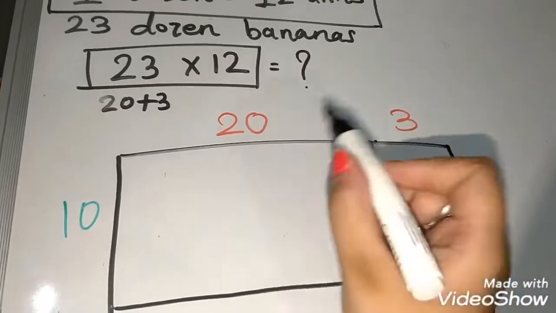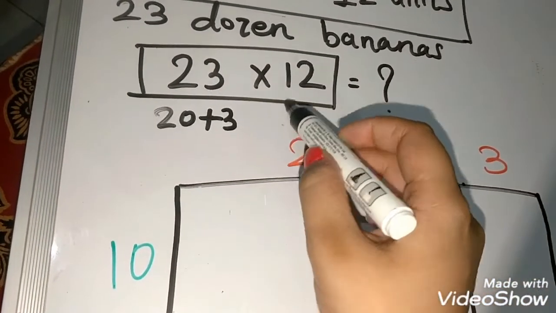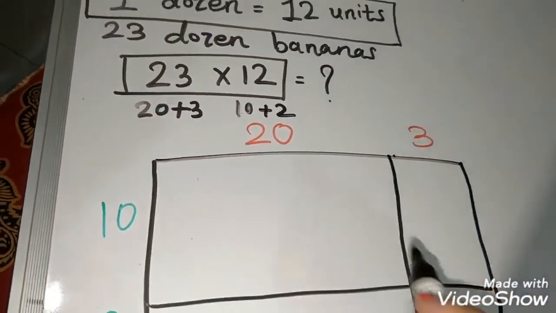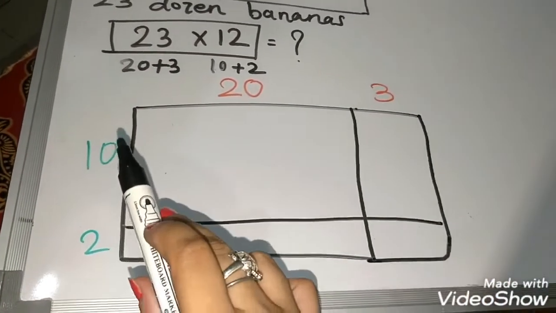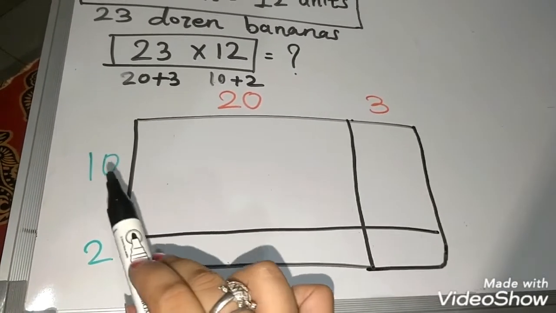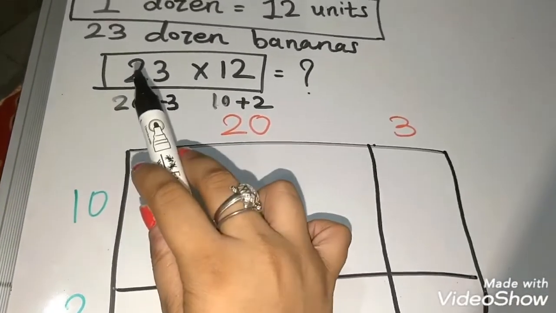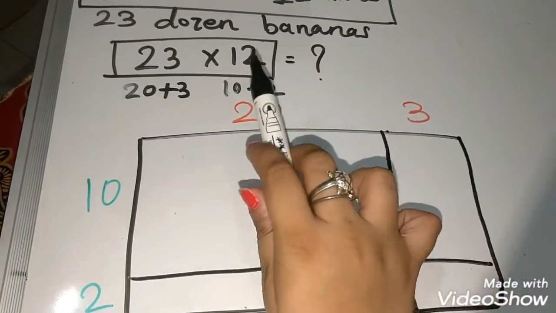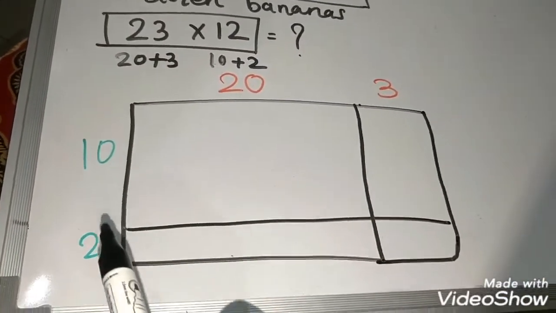And for the 12, 12 means 10 plus 2. So here I have written 10 and 2. Here also I have made 2 partitions, 10 and 2. 23 means 20 plus 3 and 12 means 10 plus 2.